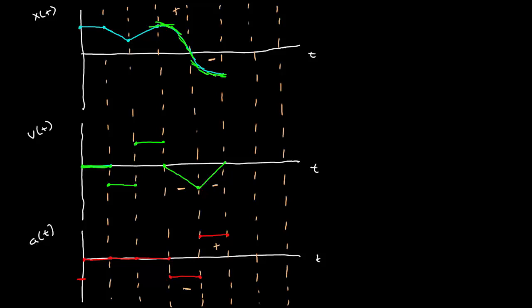Okay, so let's continue. So I'm going to say my position is sort of curving all the way back to zero like that. So what's happening to the slope? Well, it sort of starts at zero, but now it's becoming positive and more strongly positive as it goes to the next line.